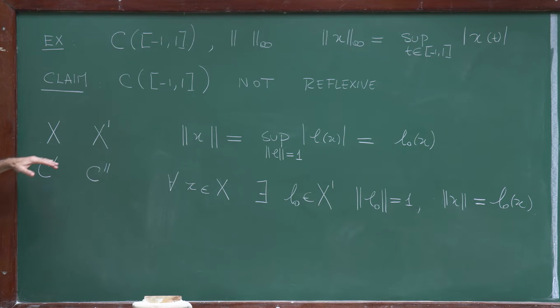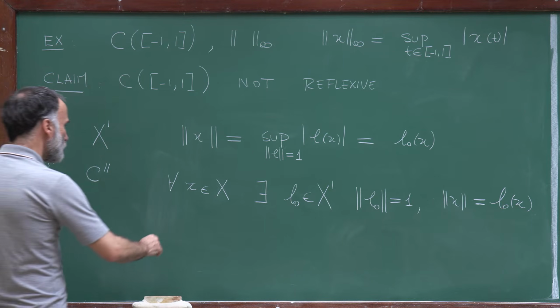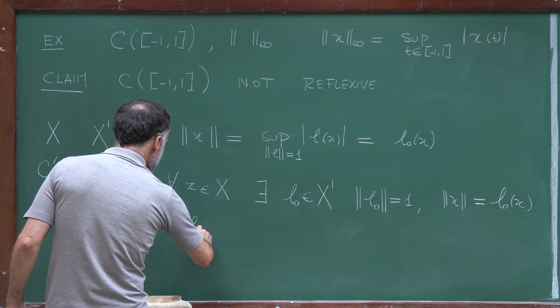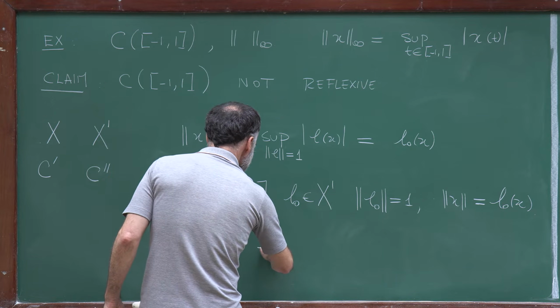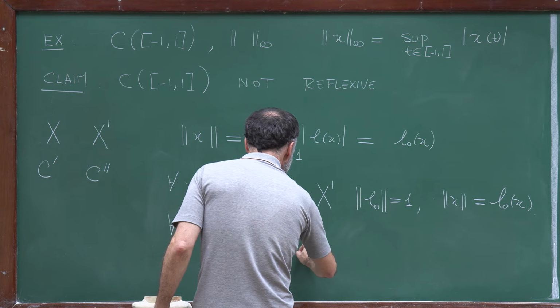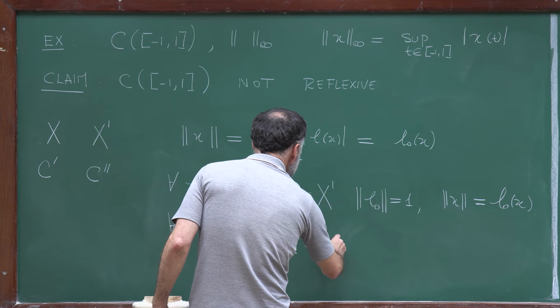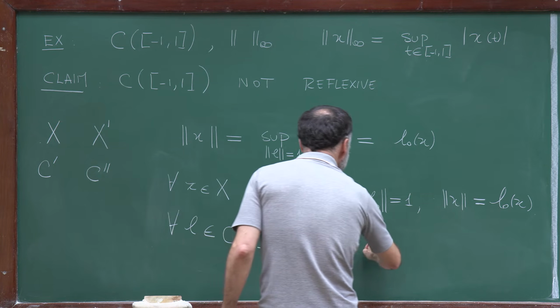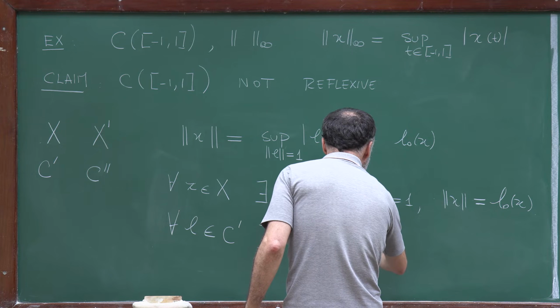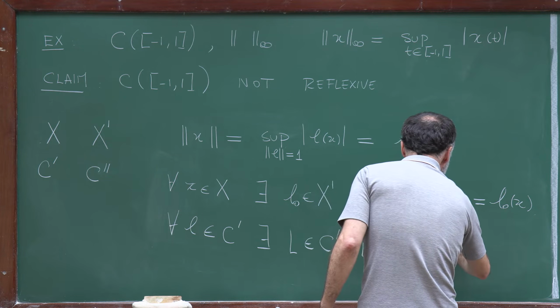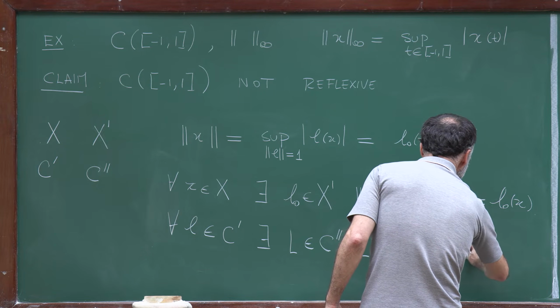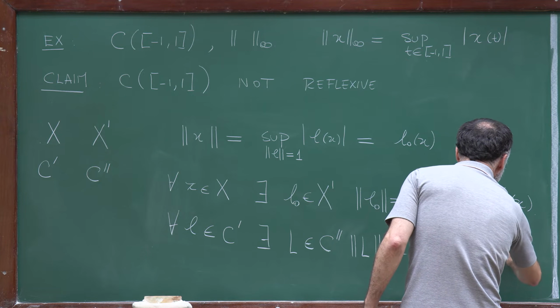So if I apply this result to the spaces C prime and C double prime, it tells me that for any L in C prime, there exists a small l in C double prime, the norm of small l is equal to 1, and small l of L is equal to the norm of L.